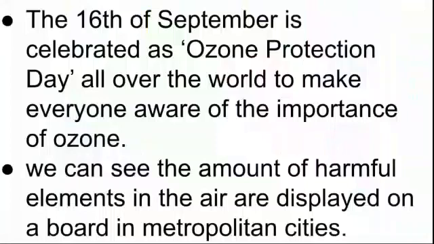That shows how important the ozone layer is. That's why we celebrate 16th September as Ozone Protection Day. All over the world we celebrate it, to make people aware of the importance of ozone gas.